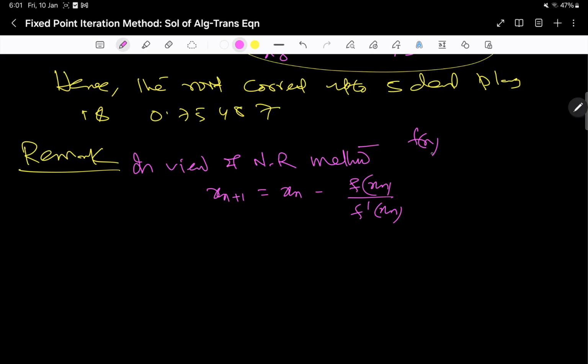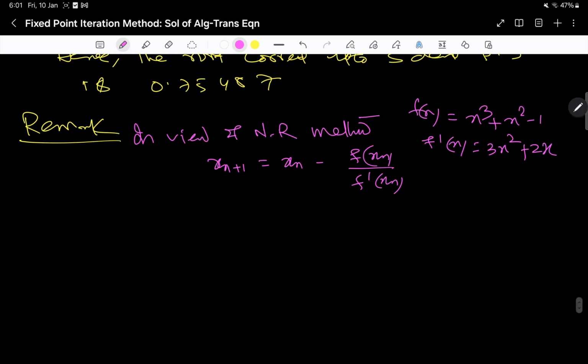So what is your f x here? Here f x is x cube plus x square minus 1. What is your f dash x? It is 3x square plus 2x, okay. So this implies I can write it x minus f x by f dash x to make it general.